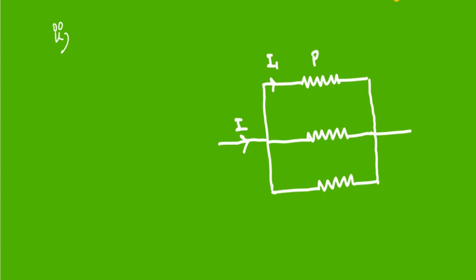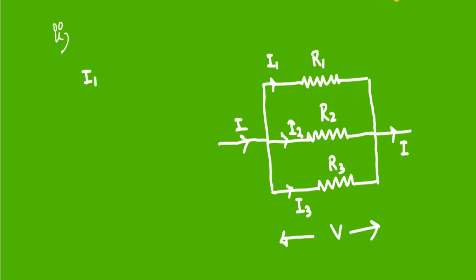Main current is split into three components, that is three currents. R1, R2, R3 are the three resistances which are connected in parallel combination, and main current I is split into three currents, I1 through R1, I2 through R2 and I3 through the resistance R3, and V is the potential difference across all the resistances.